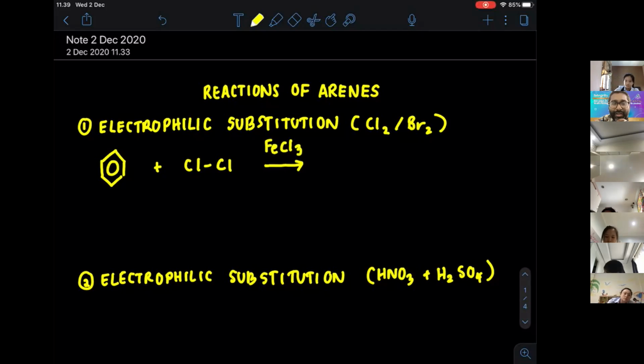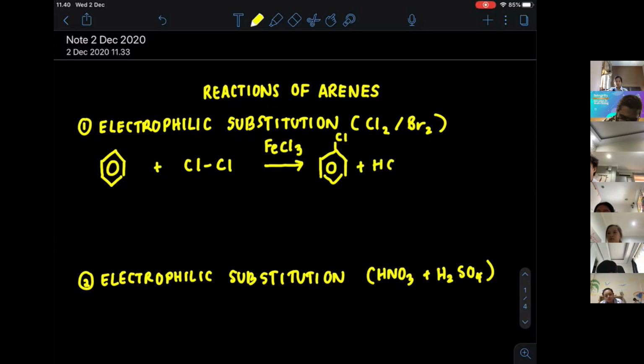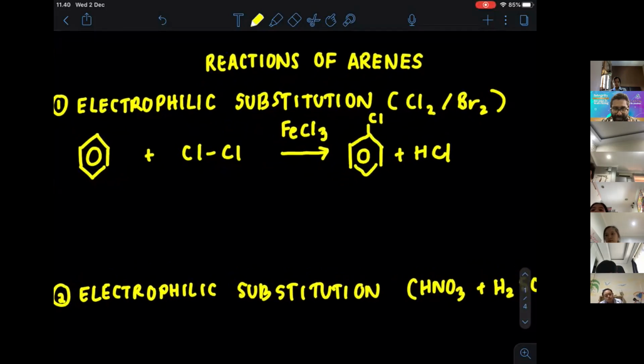This is the catalyst, or we call it a halogen carrier, and it will give you chlorobenzene, and you are going to have HCl produced over here.